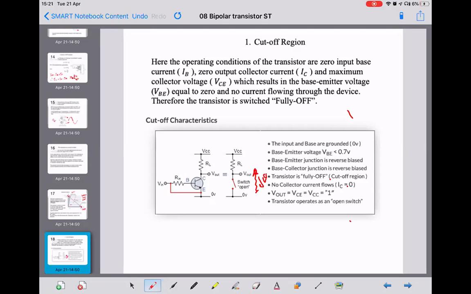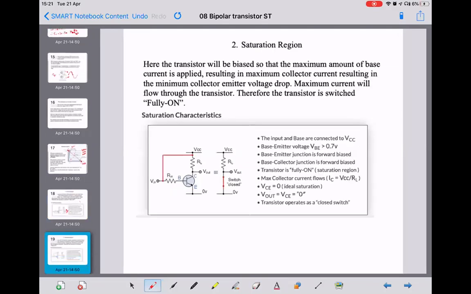And then in the saturation region, if we connect the input to VCC, we'll have a base-emitter voltage at or greater than 0.7 volts across here, which will turn the transistor on. So it's like closing this switch down the bottom here, and therefore we'll get a current down through the load resistor.